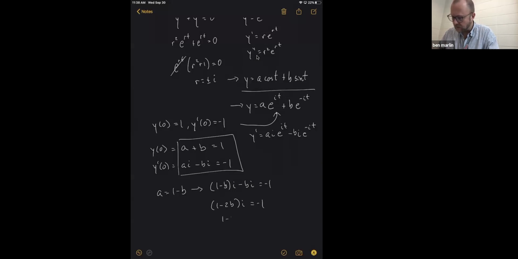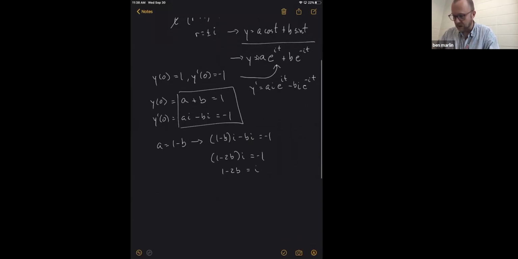And when I do that, of course, I have 1 minus 2b equals, let's see, -1 over i will turn out to be the same as positive i. Okay. And so that means that my b is going to have to be (1 minus i) over 2. I did a little bit of that in my head, but you know. Then the a, we will just plug it back into this equation we had here and find out that the a needs to be (1 plus i) over 2. Okay?